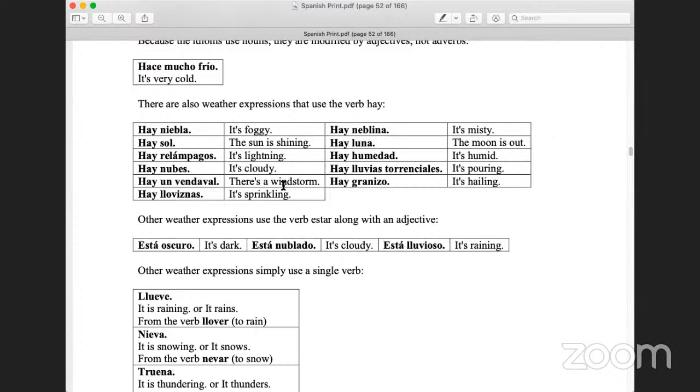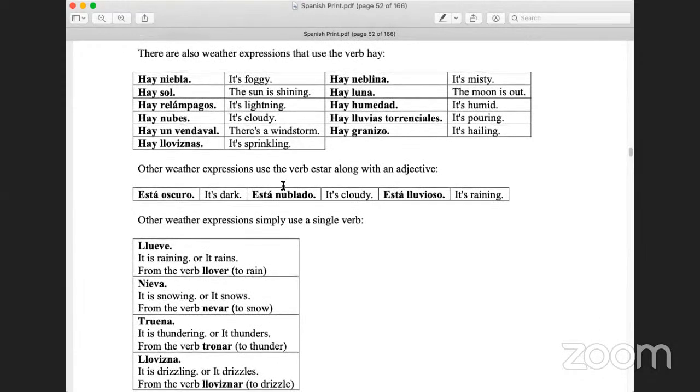Hay lloviznas, is sprinkling. Hay neblina, is misty. Hay luna, the moon is out. Hay humedad, is humid. Hay lluvias torrenciales, is pouring. Hay granizo, is hailing.